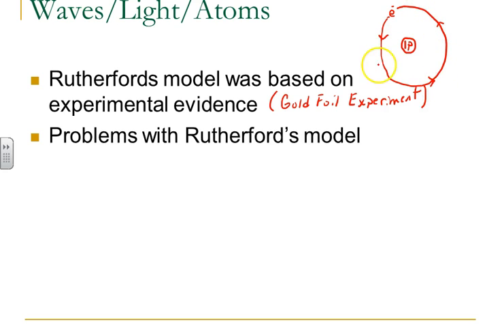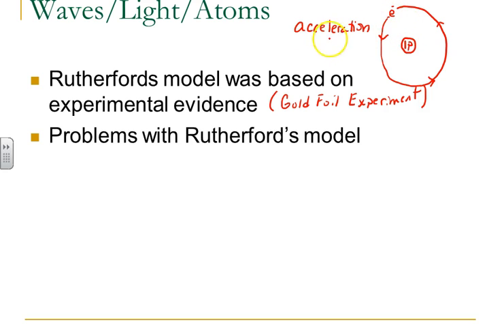One of the problems with this model is that when the electron moves in a circular pattern, it's undergoing what we call in physics acceleration. Acceleration means it's changing its speed or changing its direction of motion. Anything moving in a circular path has an acceleration occurring.